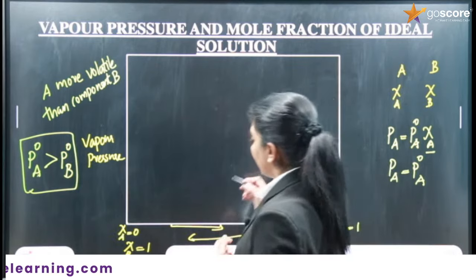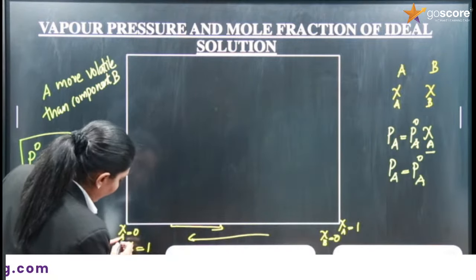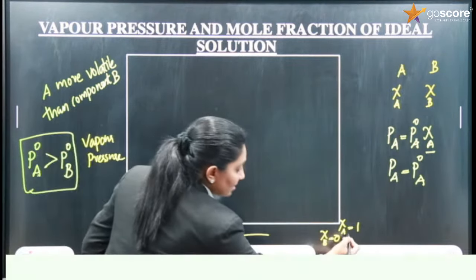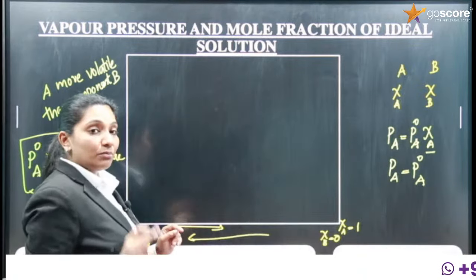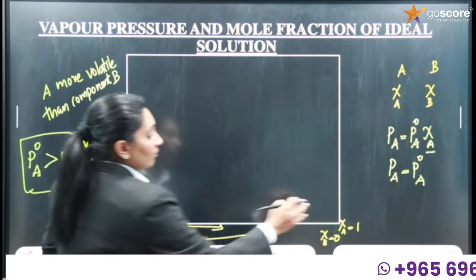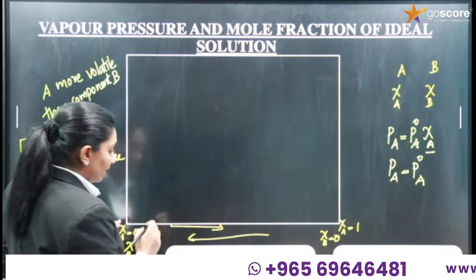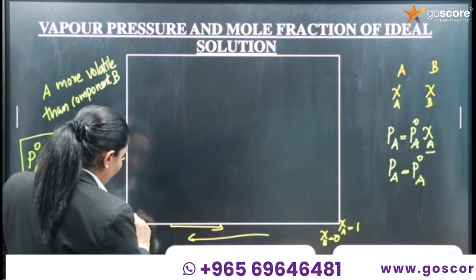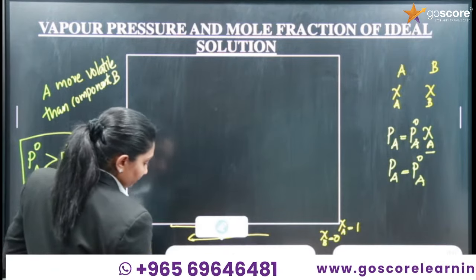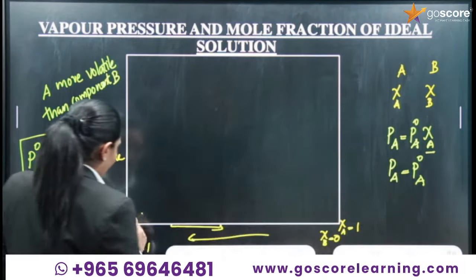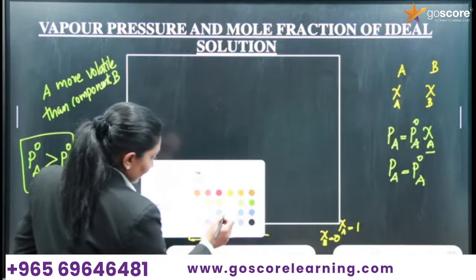Here the mole fraction of A is 0, and this is the point where the mole fraction of A reaches the maximum value, right? According to Raoult's law, since it is directly proportional, we can draw it like this, right?